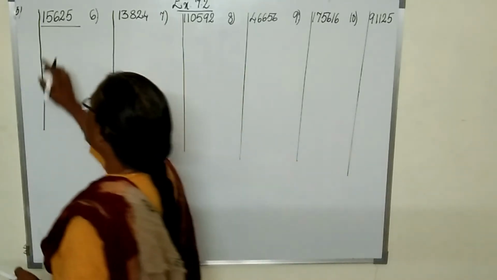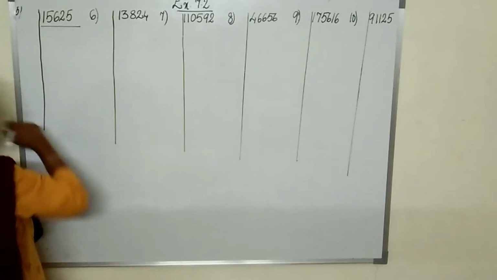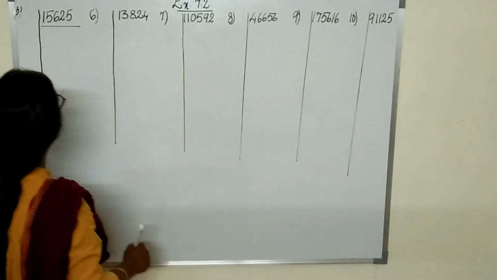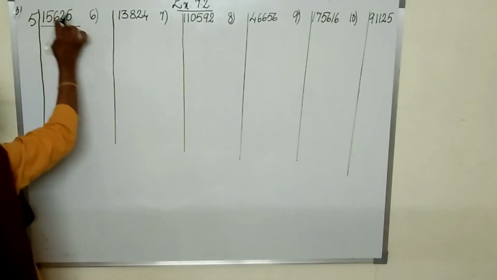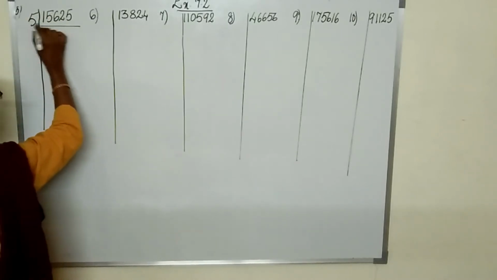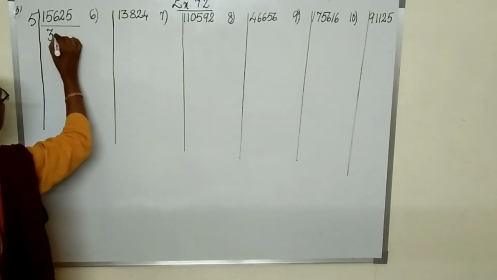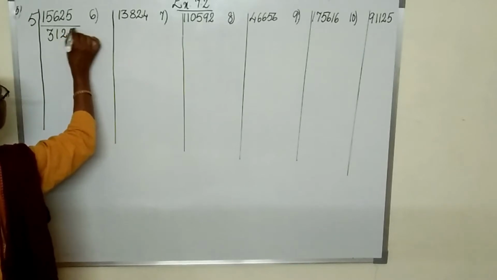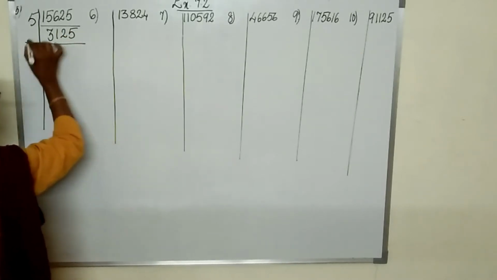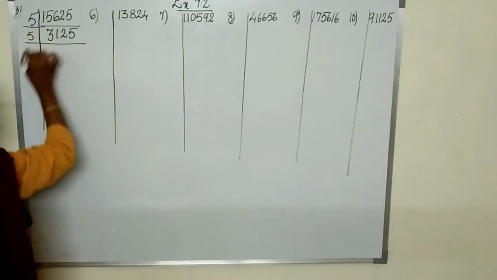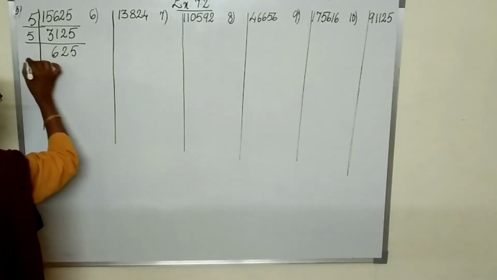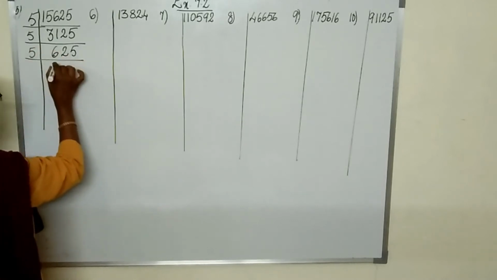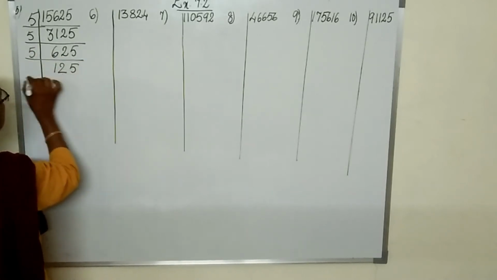So to find the cube root of this number, when we check with 2, it is not divisible by 2, not divisible by 3. So let us see with 5 because it ends with 5. 5 3s are 15, 5 1s are 5, 2 5s. Again by 5, 125.